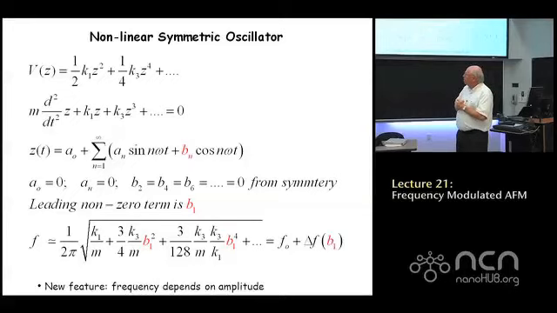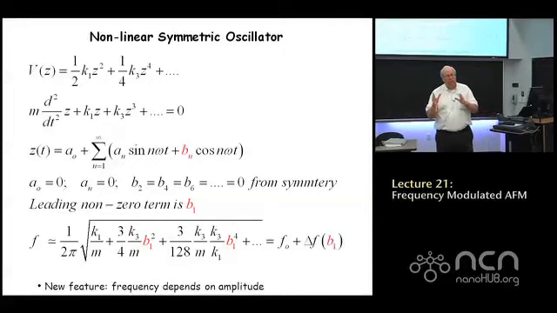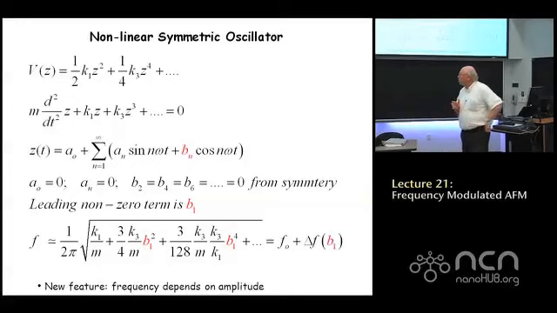In fact, you can eliminate all the A's, and you can eliminate all the B's that are even. For n equals even, all those B's disappear. And the lowest order term, the leading non-zero order term, would then be just a coefficient B1 times the cosine of omega t.